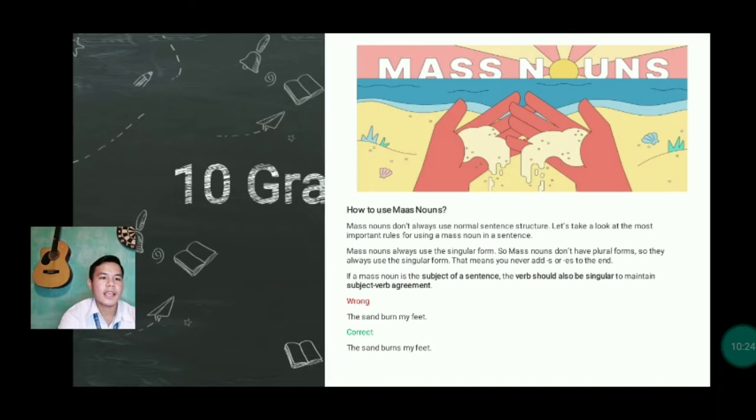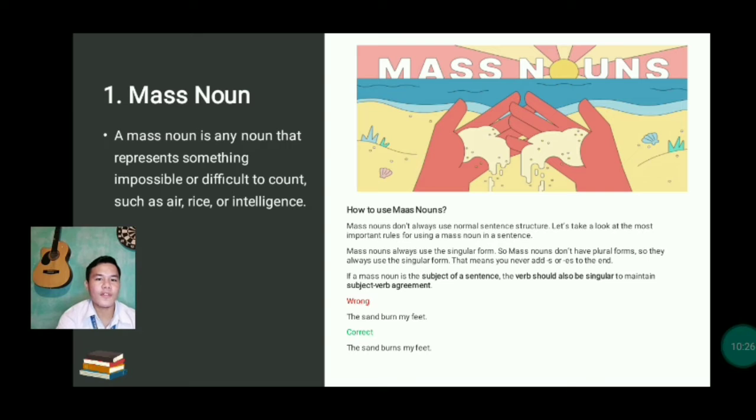Let's start. So first is the mass noun. A mass noun is any noun that represents something impossible or difficult to count, such as air, rice, or intelligence. So how do we use mass nouns? Mass nouns don't always use normal sentence structure.